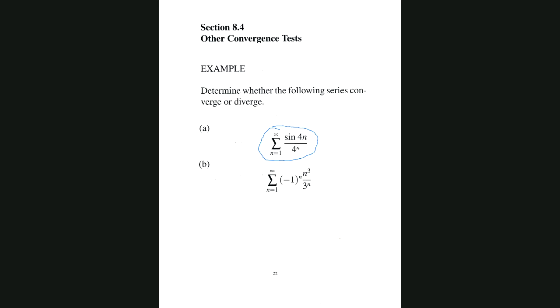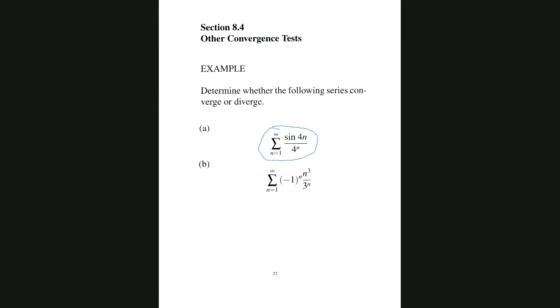That is an alternating series, because you have the negative 1 to the nth power there, and as n goes through its values, negative 1 to the nth is going to be negative, positive, and so forth. But the first series is not an alternating series.